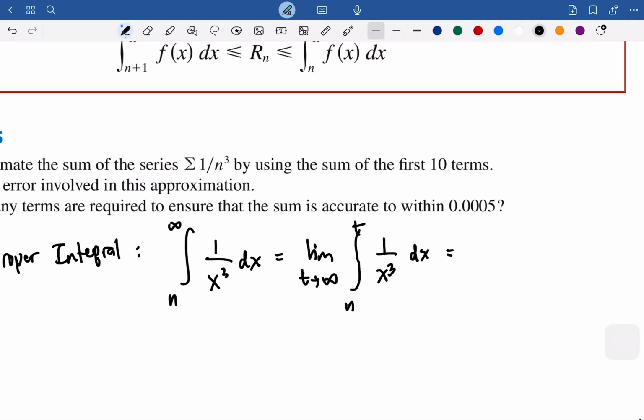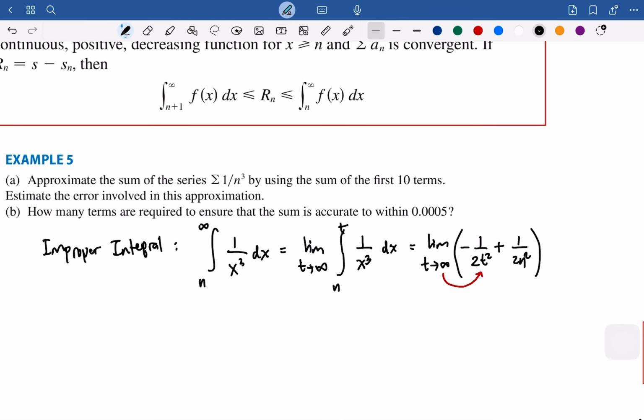And we know from the integration this will be x to the minus 3, so it will be x to the minus 2. So we get the limit of minus 1 over 2t squared, and then minus minus, we'll get plus 1 over 2n squared. And since if we take 1 over infinity, it will be 0 in the limit, so we are going to have 1 over 2n squared. Okay, this is our estimation for the improper integral.